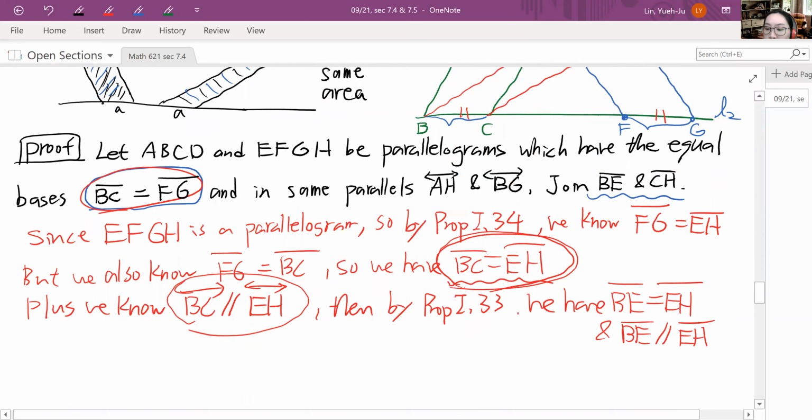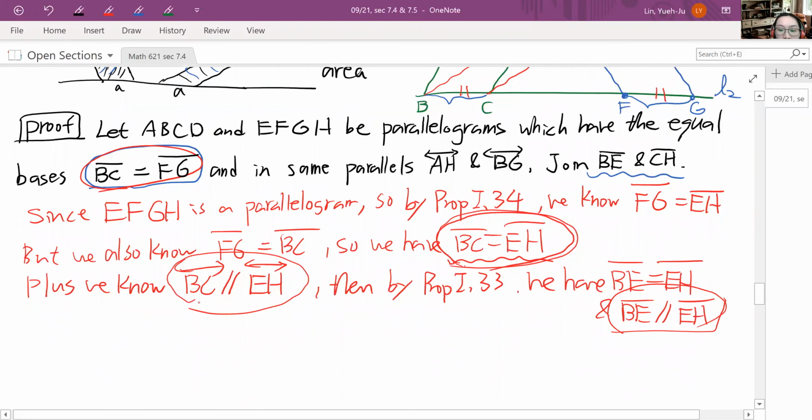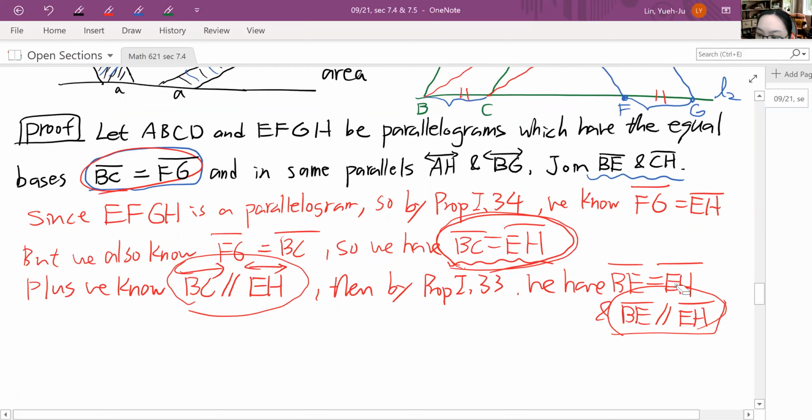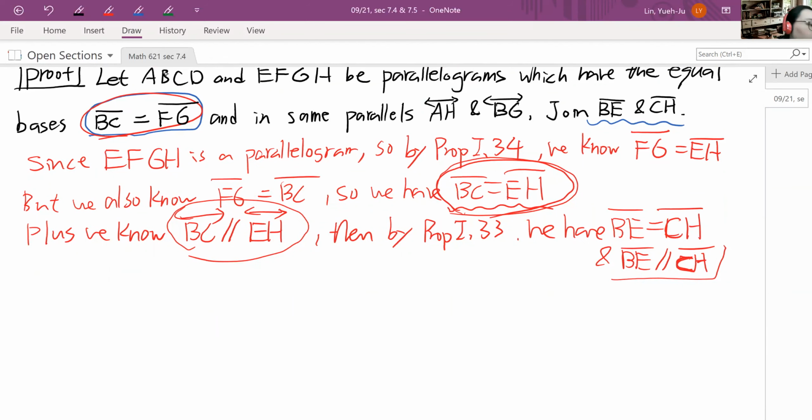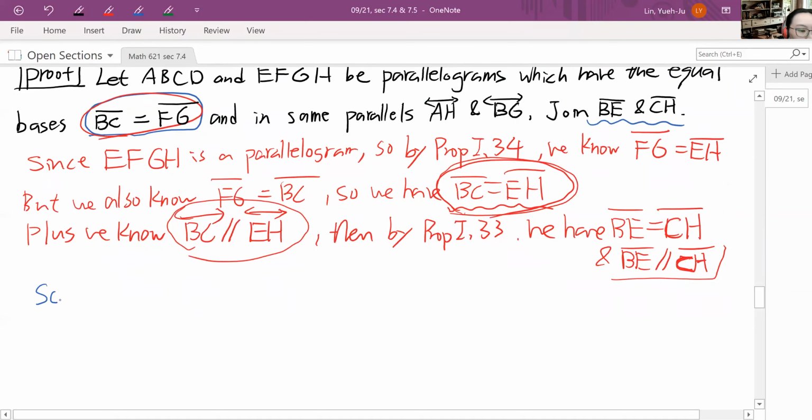Once you have two pairs of parallel sides, then I can show that EBCH is a parallelogram.